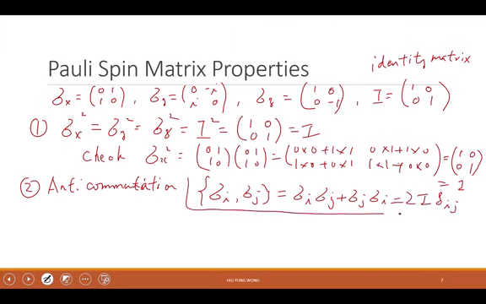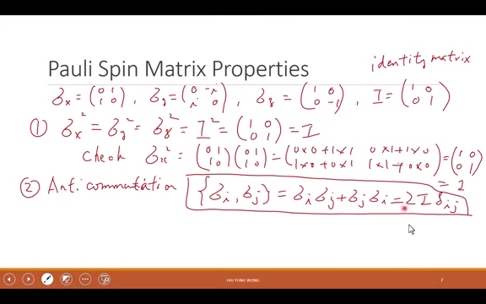This is the anti-commutation rule. Now, it looks very long, but it's very easy to understand. First, this is nothing but a definition. Sigma i, sigma j with this curly brace means sigma i times sigma j plus sigma j times sigma i. It's just like 1, 2 becomes 1 times 2, 2 times 1. That is just a definition. That is called the anti-commutator.